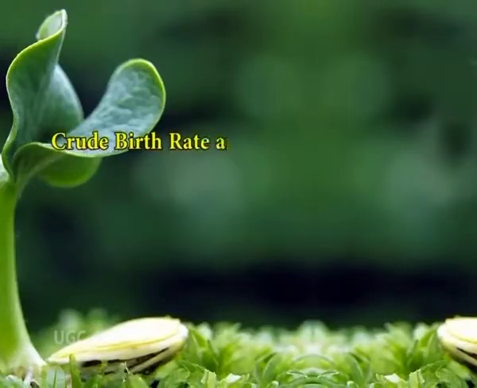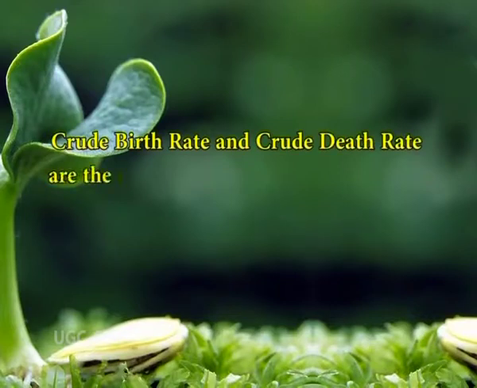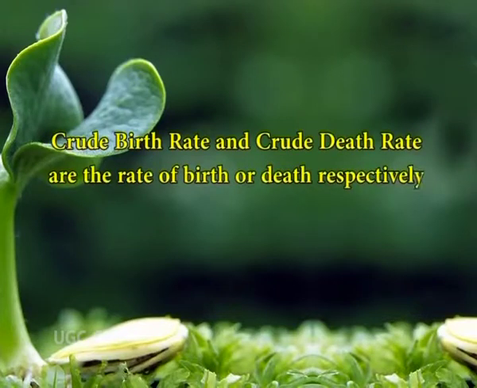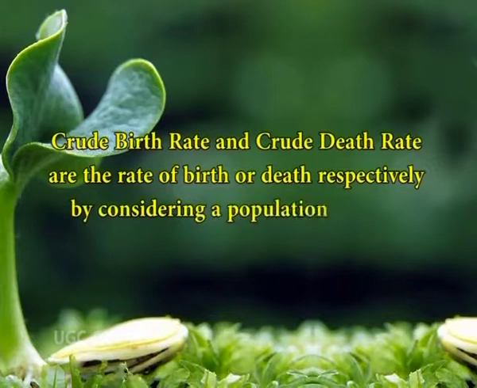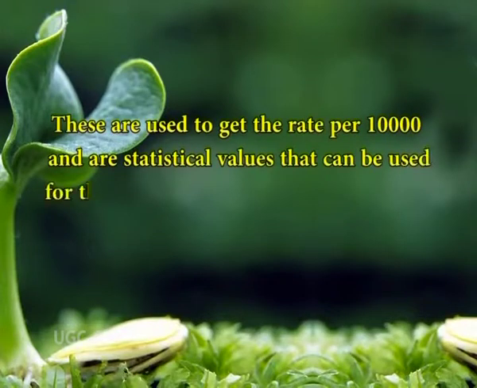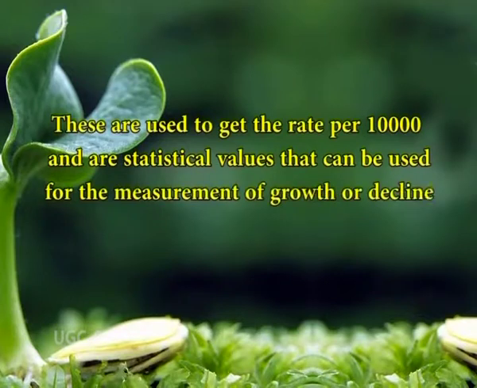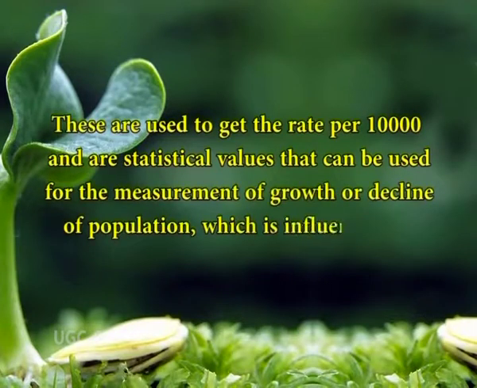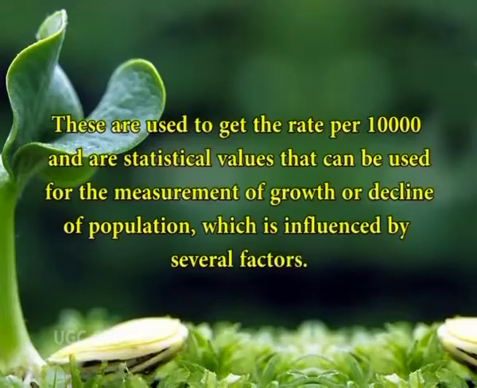Crude birth rate and crude death rate are the rate of birth or death respectively by considering a population of 1,000 individuals. These are used to get the rate per 10,000 and are statistical values that can be used for the measurement of growth or decline of population, which is influenced by several factors.